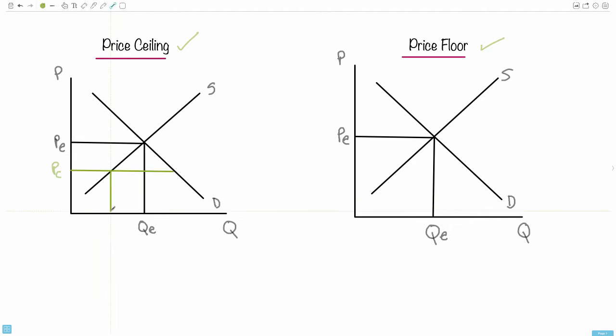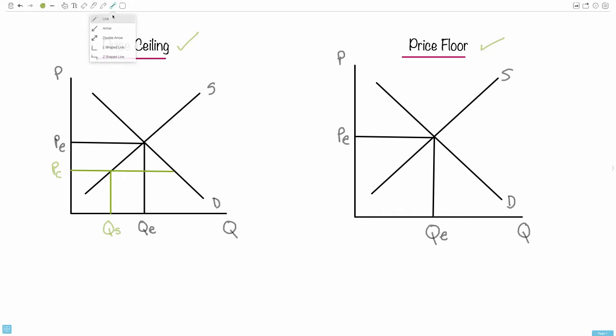You are going to see that quantity supplied is going to be smaller than what it used to be with no government intervention. Why? Because sellers, the producers of this good or service, are being forced to charge a price PC which is below what they could with no government intervention. So many of them say, you know what, I am going to reduce the amount I supply.